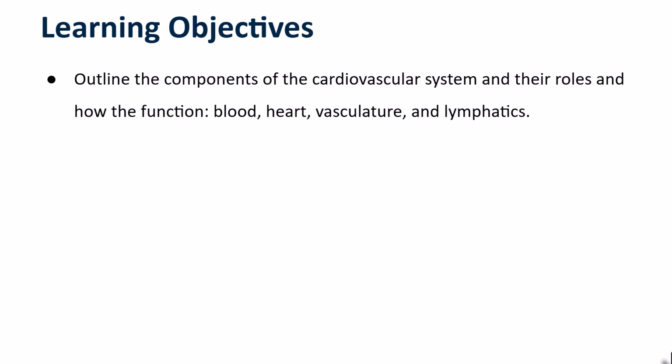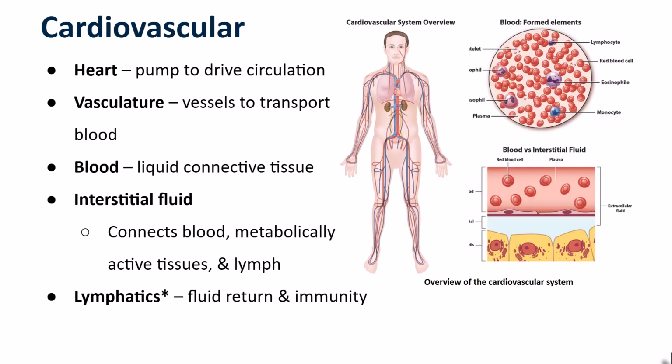In this video, we'll outline the components of the cardiovascular system and their roles and how they function: the blood, the heart, the vasculature, and as a bonus, lymphatics. So the cardiovascular system has many individual constituents that function together to move blood throughout your body. There is the heart, which is an ever-working pump which drives circulation.